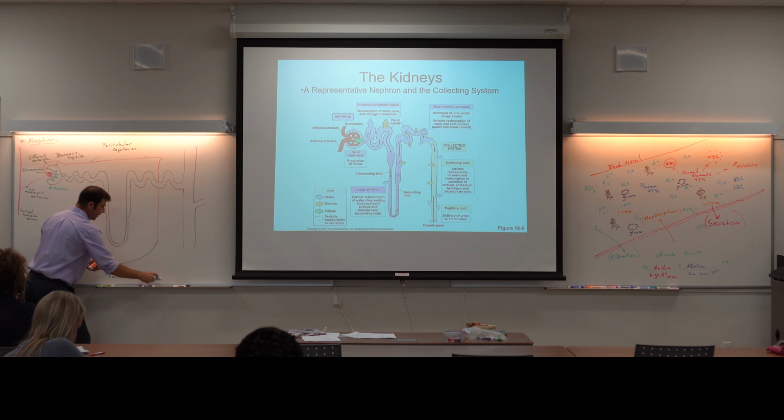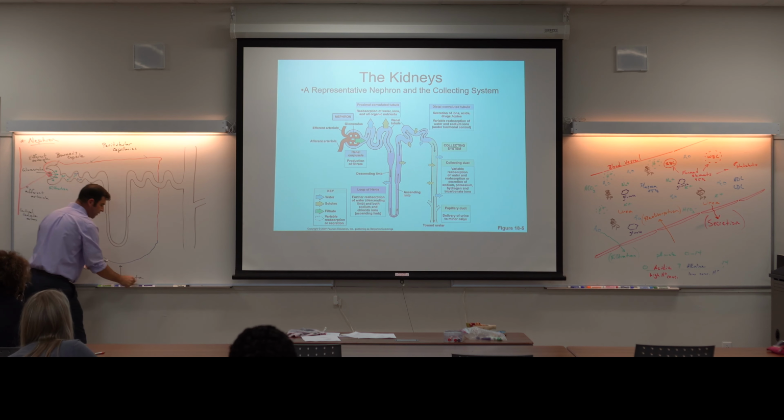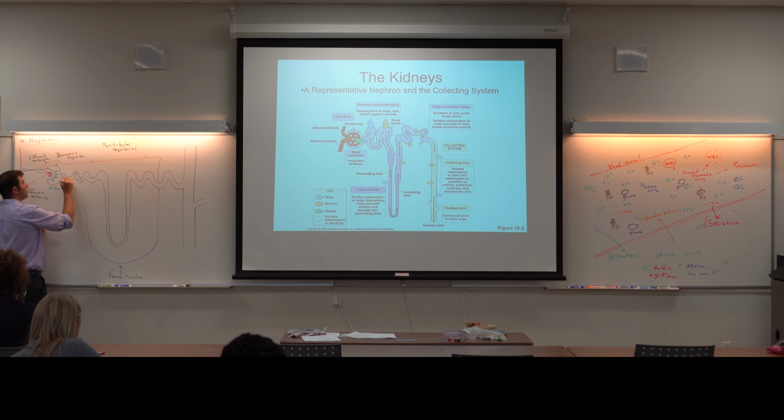Well, let's put some other things in there like water. Water is small enough to fit through. Nutrients like glucose are small enough to fit through. So I'll put my little hexagon shapes that represent glucose.